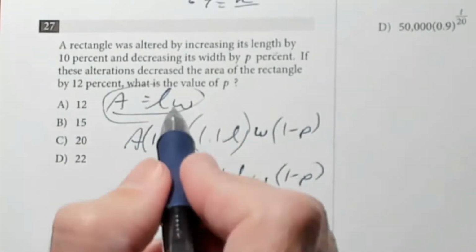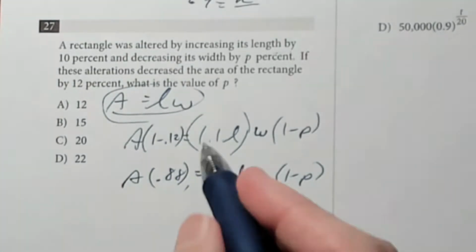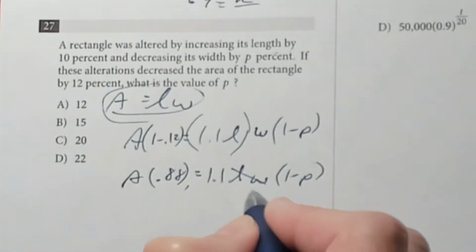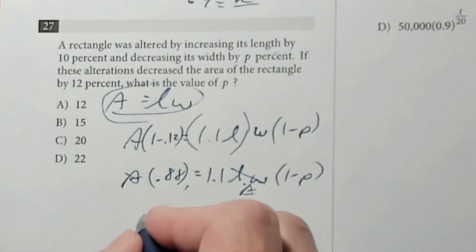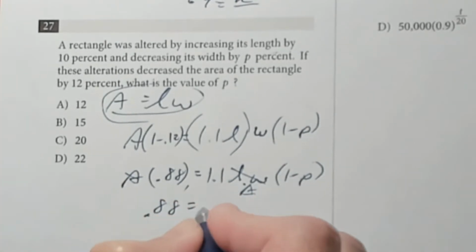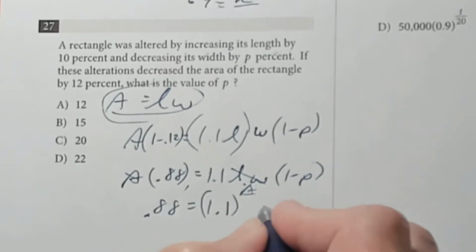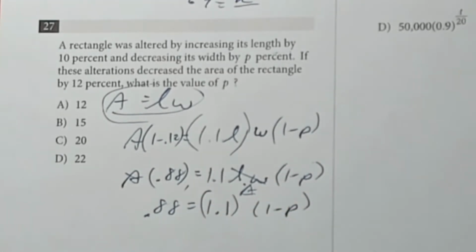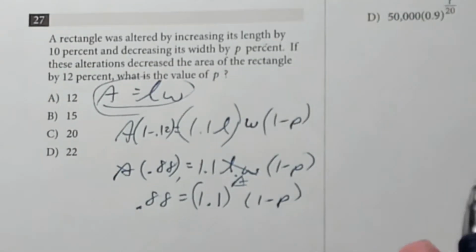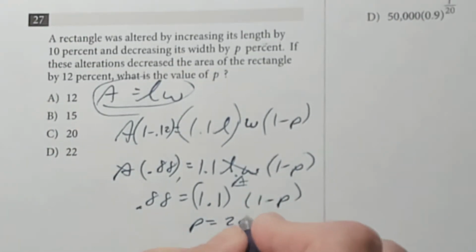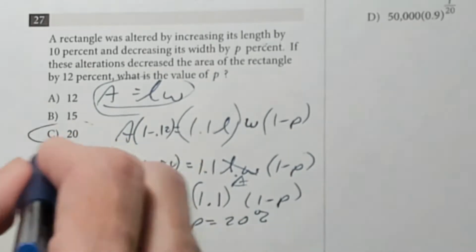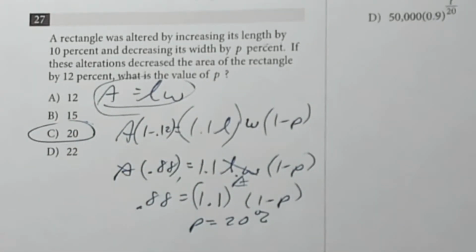Now, remember up here, area equals LW. So you could put a letter A from the top, and then those A's cancel. So you get 0.88 equals 1.1 times 1 minus P. And using your calculator, you'll get P equals 20%, or letter C, 0.2.